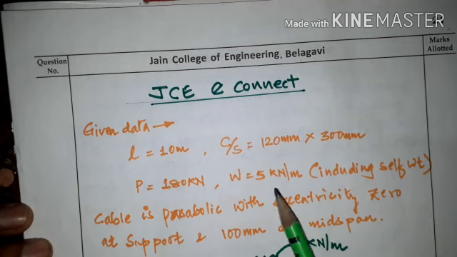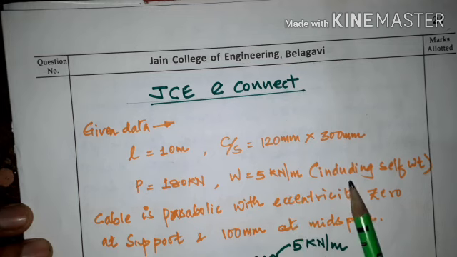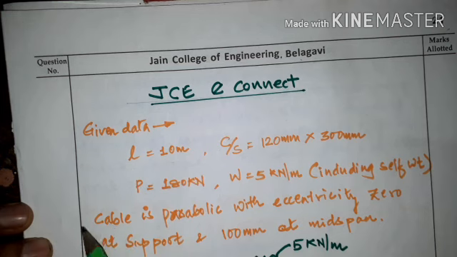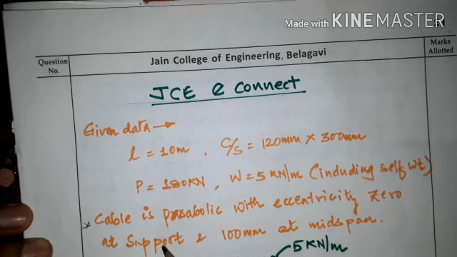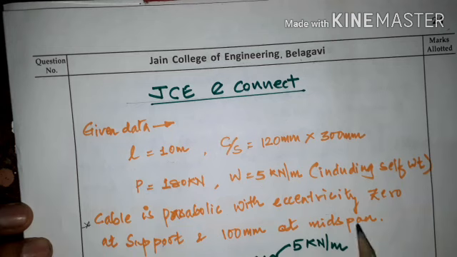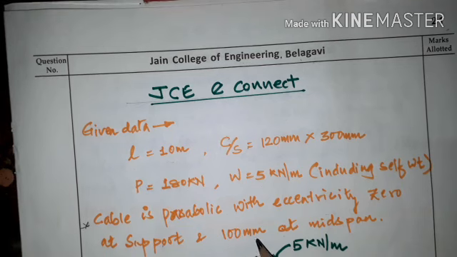Then the cable is parabolic. This is a change here, which is important again. The cable is parabolic with eccentricity 0 at support and 100 mm at midspan.